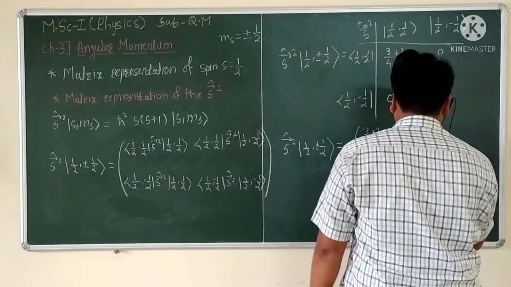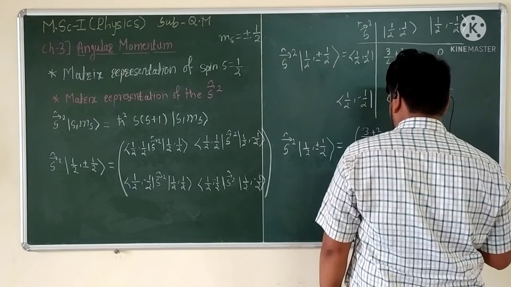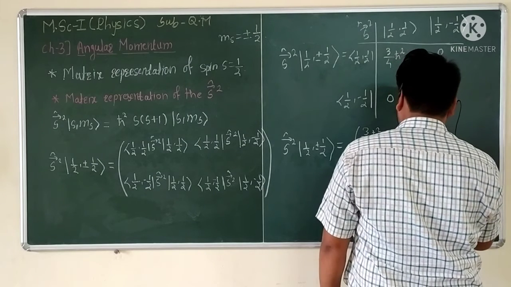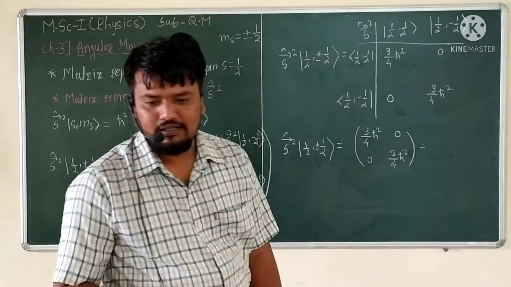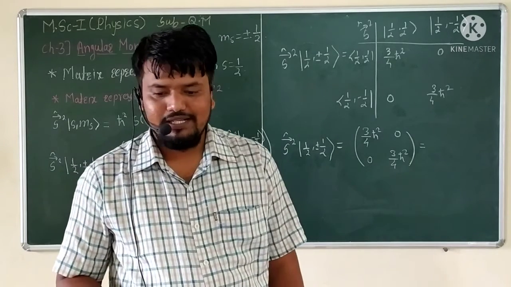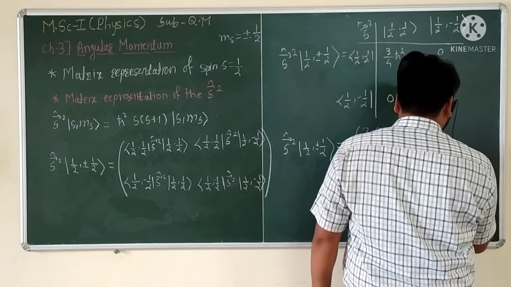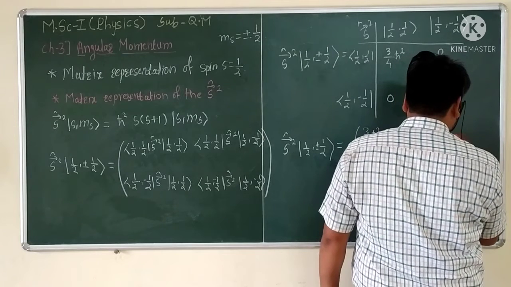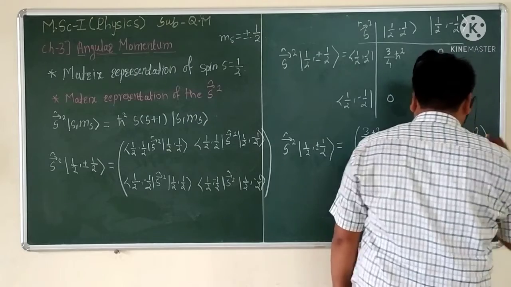So what is the value? If we take 3 by 4 h cross square outside, what is remaining there? That is 1, 0, 0, 1, the identity matrix. So 3 by 4 h cross square taken outside this matrix, which is nothing but 1 0 0 1.